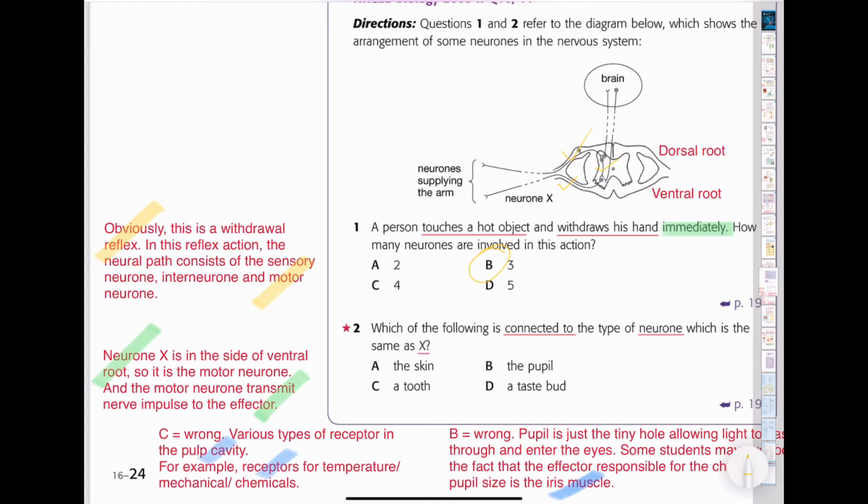And after we know that it is a motor neuron, we can know which type of tissue should be connected to the motor neuron. It should be an effector, because the motor neuron can transmit the nerve impulse to the effector.